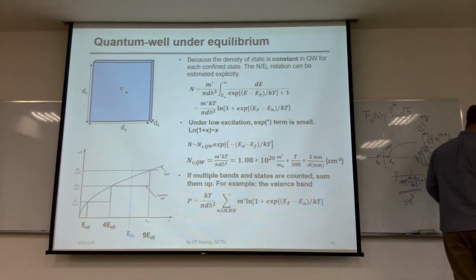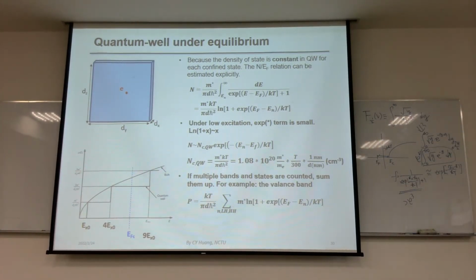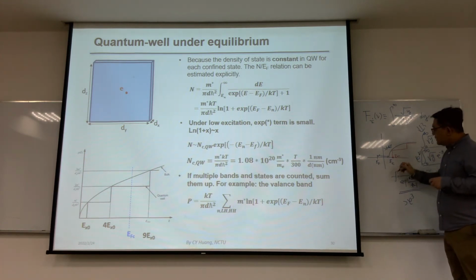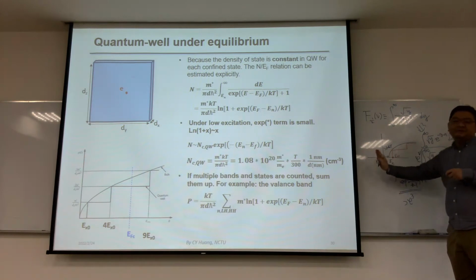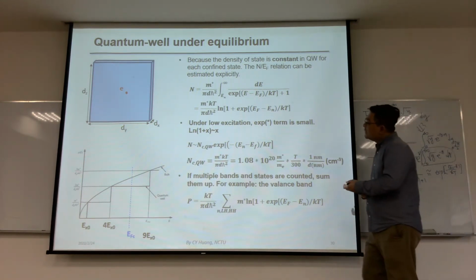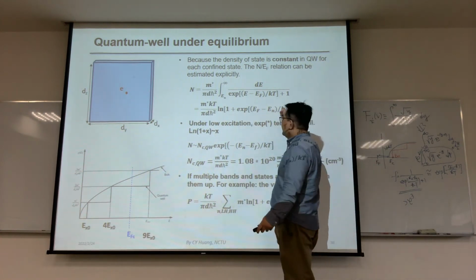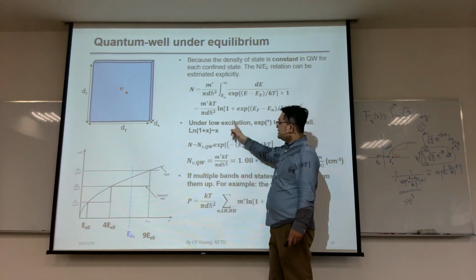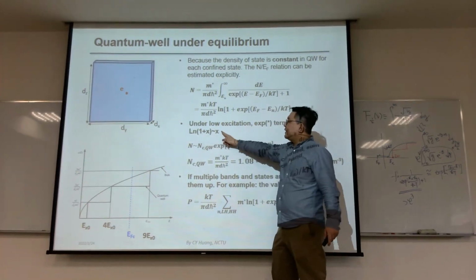Okay, I have to check the color. Since in the 2D case, your ground state looks like this, and this is your ground state energy. So when EF under equilibrium is still less than your ground state, this term is very small. It can be approximated as ln(1+x) reduced to x.